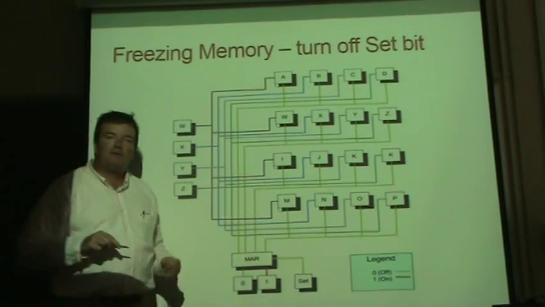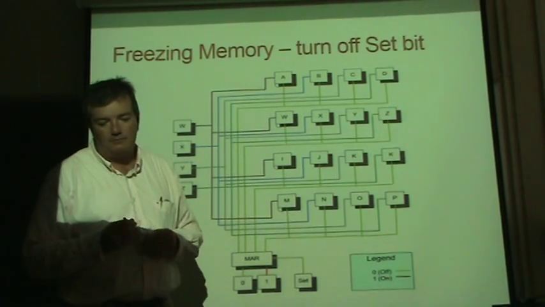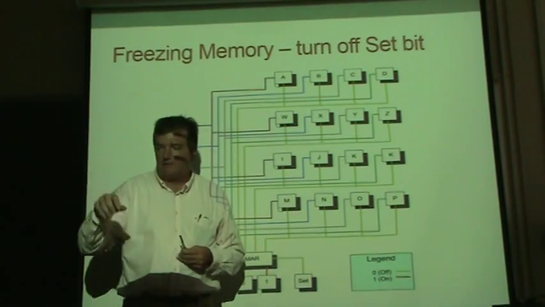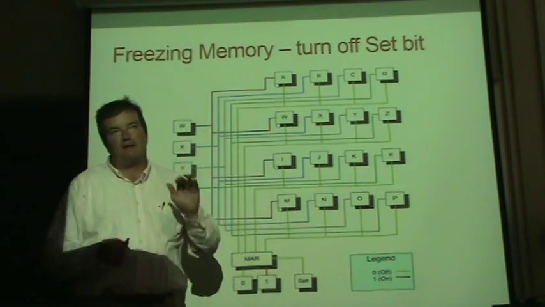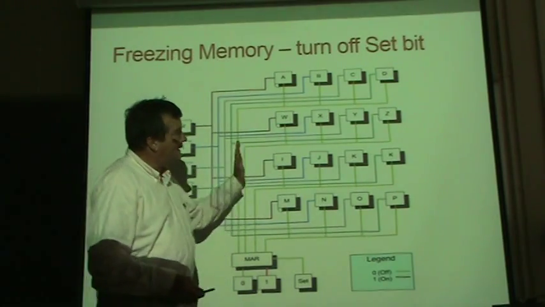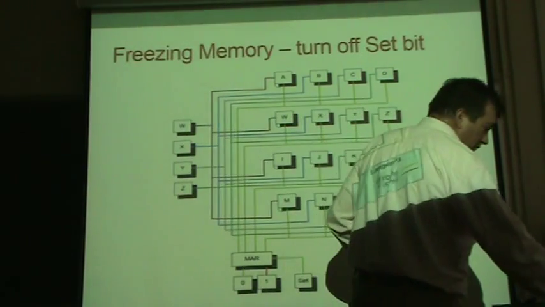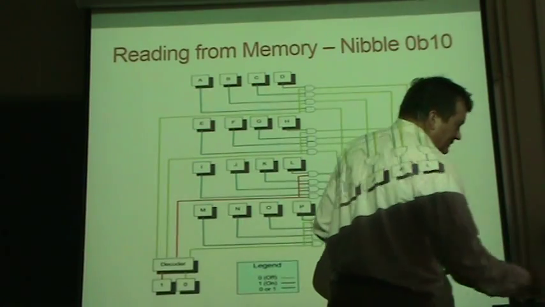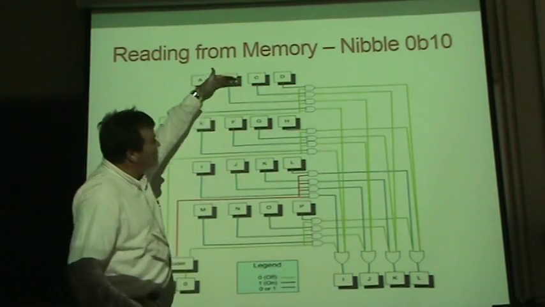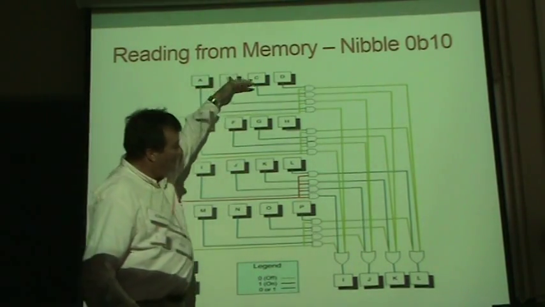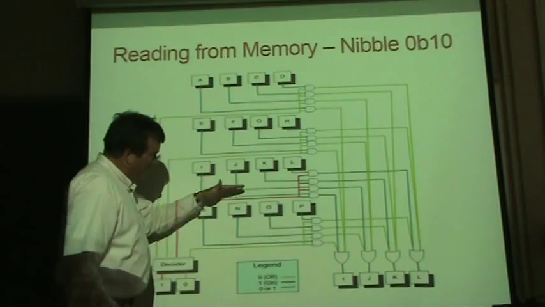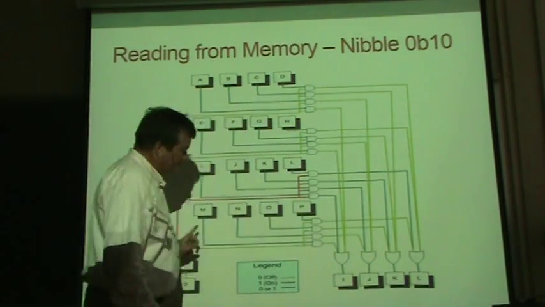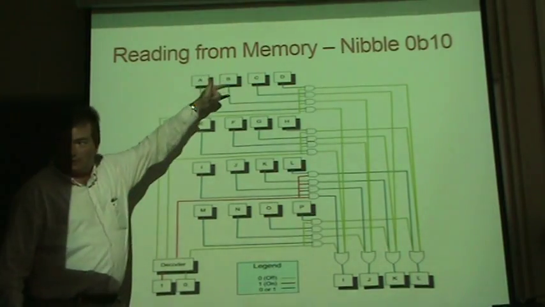So if you have a piece of code that says A equals 5, semicolon, B equals A, how do we do B equals A? Well, we have to take the contents of, let's say this nibble was A, copy it somewhere, then take this and load it back into a different location.